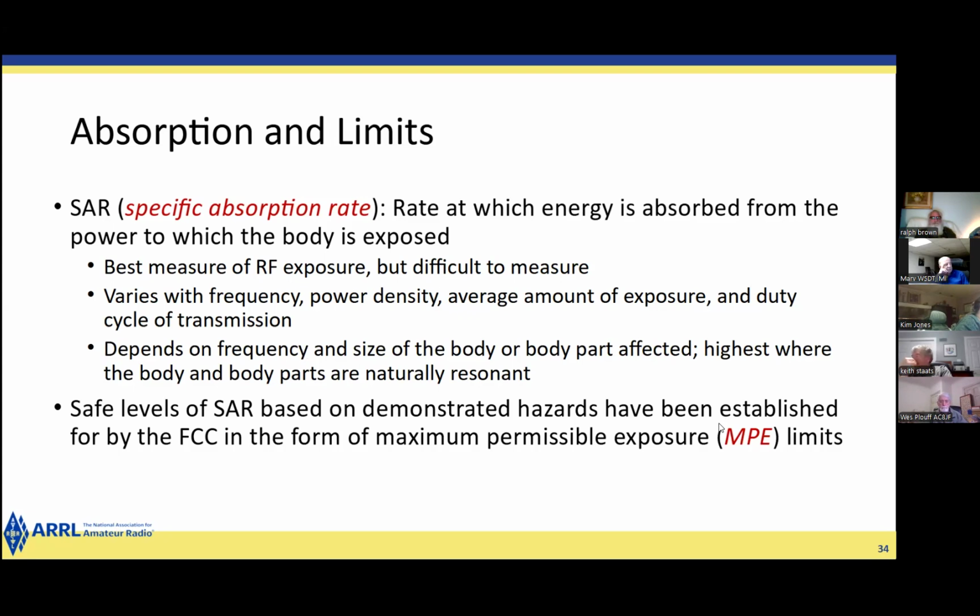So the safe levels of specific absorption rate, based on demonstrated hazards, have been established by the FCC in the form of maximum permissible exposure, MPE levels.